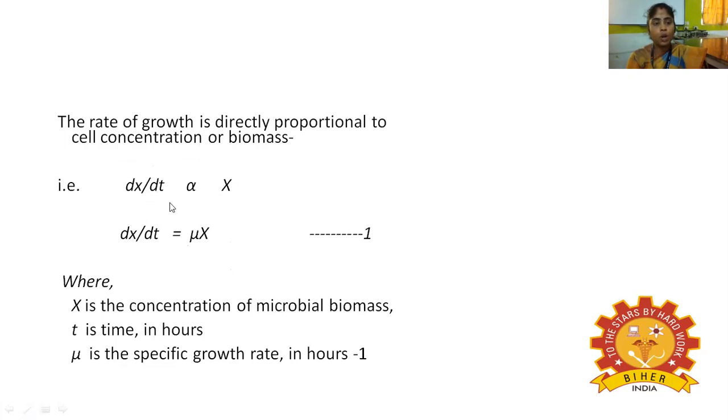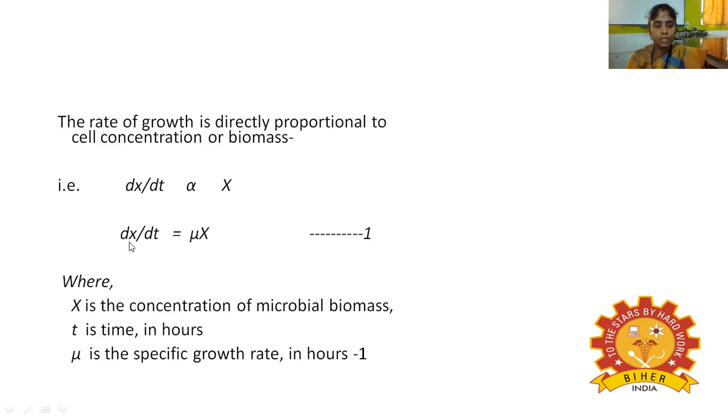In order to remove this proportionality, we introduce a constant term called mu, the specific growth rate of the microorganisms imparted for a particular product formation in terms of the cell or biomass. So we write dx by dt equals mu x.